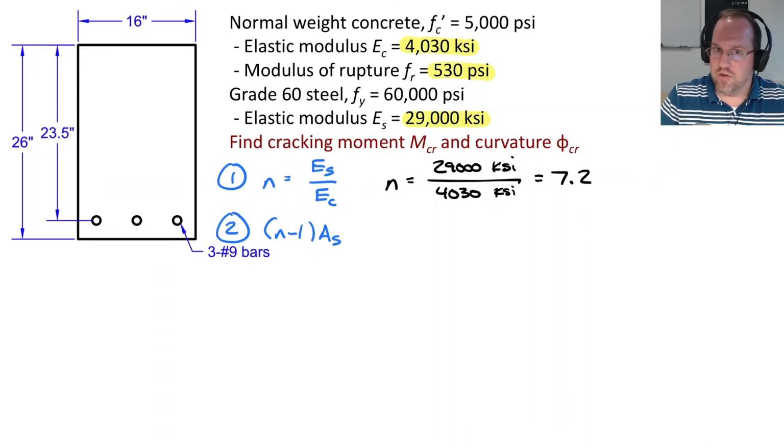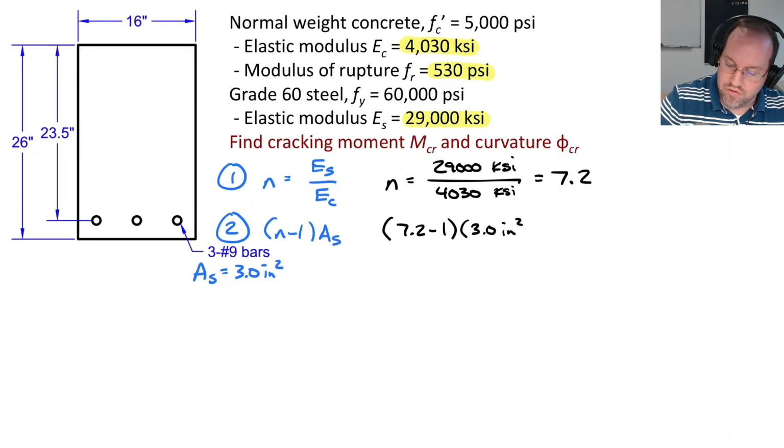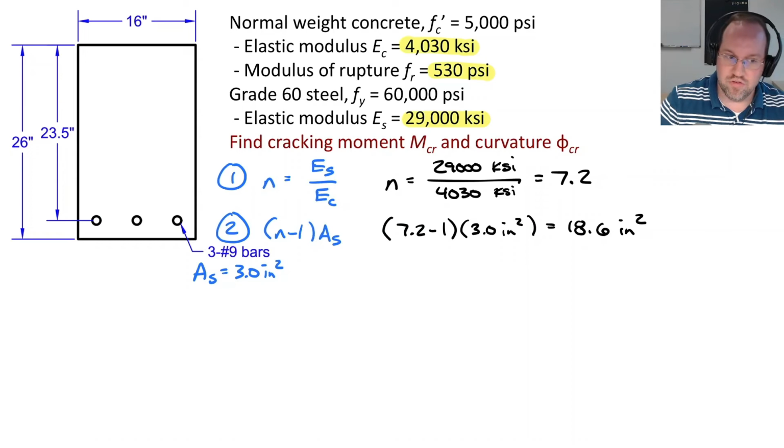Turns out that those bars have pretty close to 1 square inch per bar. So in total, 3 of these gives me 3 square inches of steel. So to get my transformed area n minus 1 for my wings, I have 7.2 minus 1 multiplied by 3 square inches, and this is 18.6 inches squared.